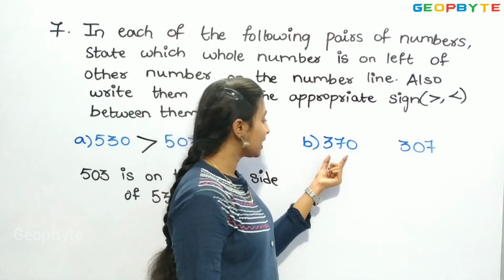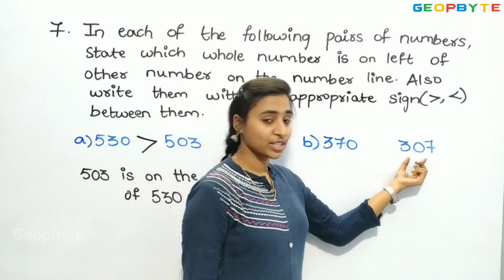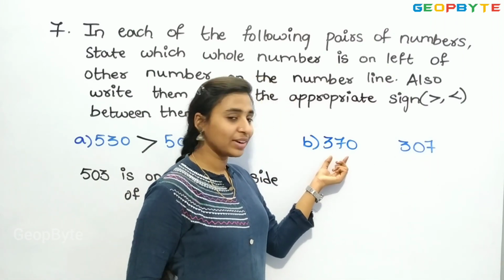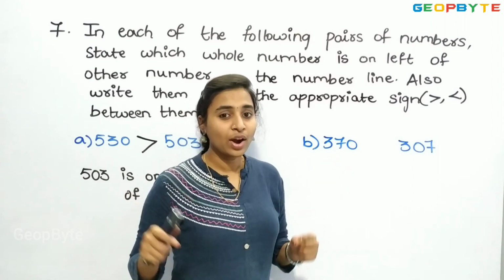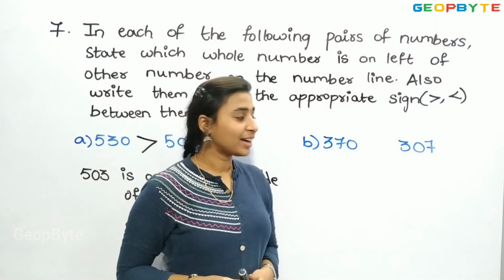We have 370, 307. Same. 307 is the smaller number. It comes on the left side of 370. Right? As we go in ascending order, after 307 only, we get 370. Right?